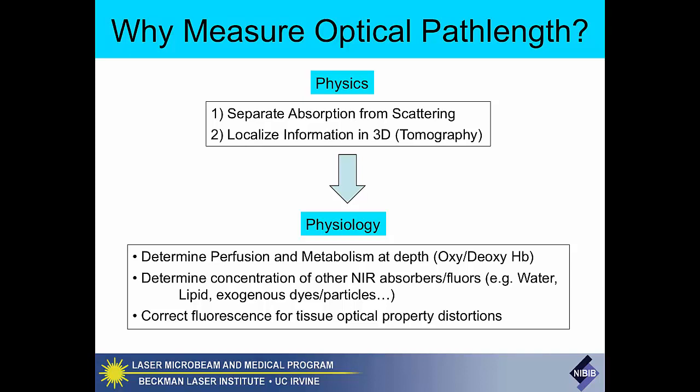Has anyone heard of Lymphazurin? So that's a blue dye that surgeons, breast surgeons, actually many surgeons, use every day to visualize lymph nodes. They just inject it right into the skin and it drains into the sentinel lymph node and then they can see it with their eyes.